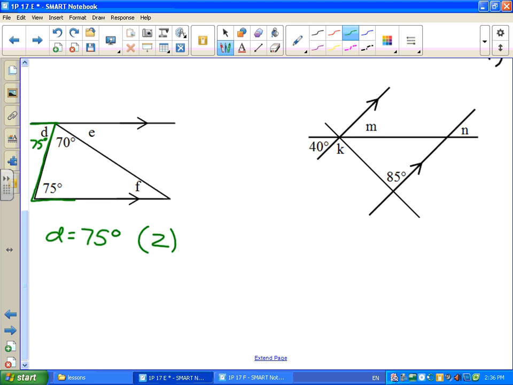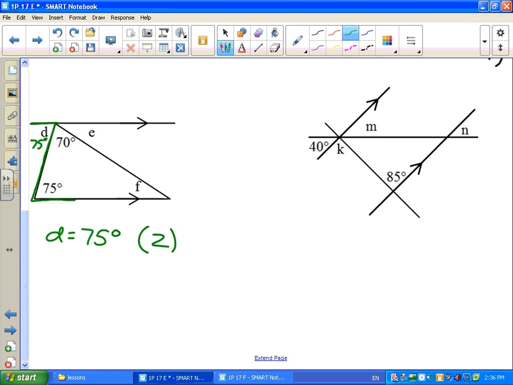Now, is there another angle that we can get here? I think that's all we can do from our F, C, and Z, so we've got to think of another way of getting one of these other angles. The angle I would go after here is angle E. Now that we know this is 75, what do we know about the 75 degrees, the 70 degrees, and the E? What do those three angles have to add up to? 180.